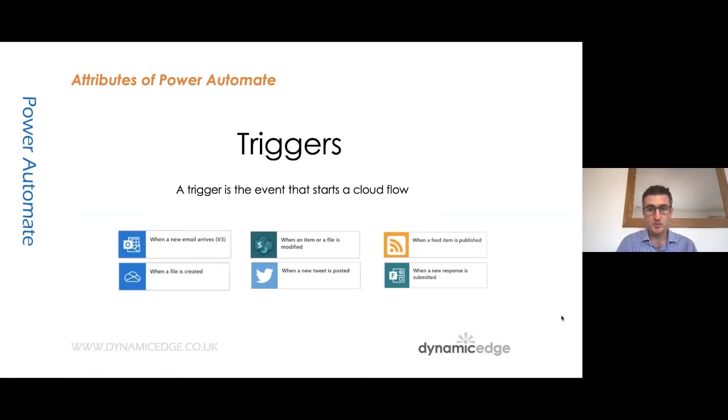And when a new response is submitted. Microsoft Forms is superb, really great, and when we think back to some of the systems that we've used in the past for collating information or sending questionnaires, but with Microsoft Forms, there are a few things that we've done ourselves within Dynamic Edge. So things like ergonomics, DSE checks, basically. We've got a Microsoft form that staff can go through and complete their workstation assessments.